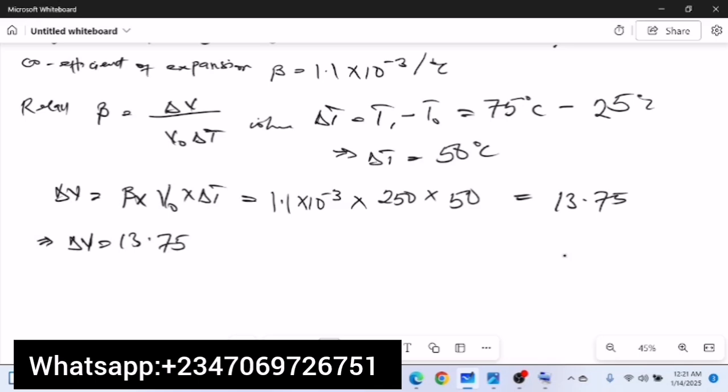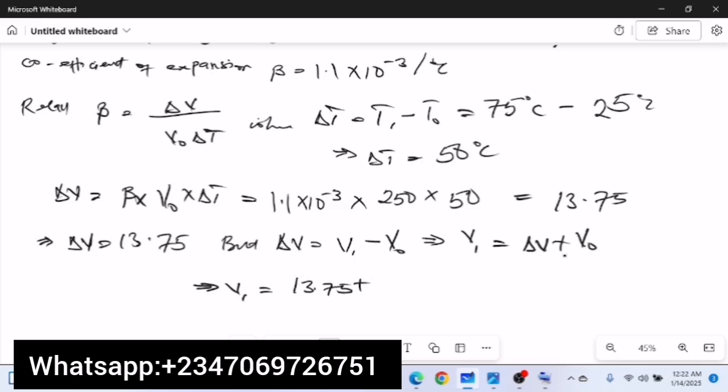But you recall that the change in volume itself is the final volume V1 minus the initial volume V0. So the final volume, which we are asked to find, is equal to, transferring V0 to the other side, the change in volume plus V0. So the final volume of alcohol V1 is 13.75 plus the original volume of 250 ml, which gives us 263.75 ml.